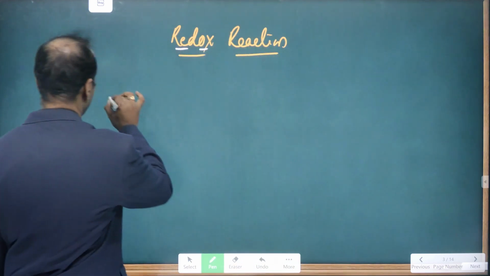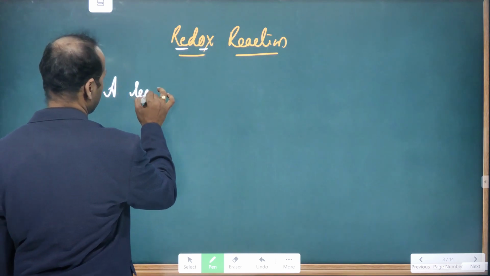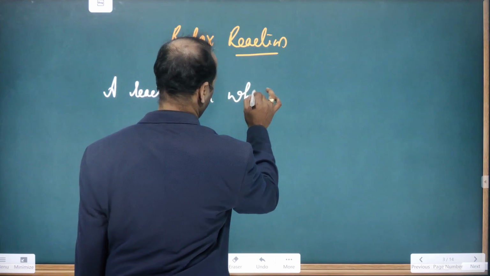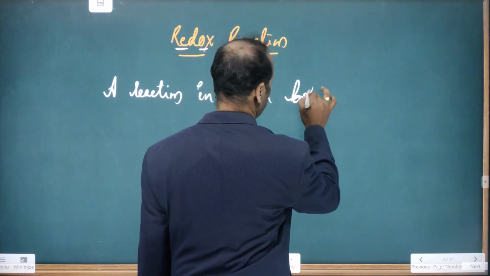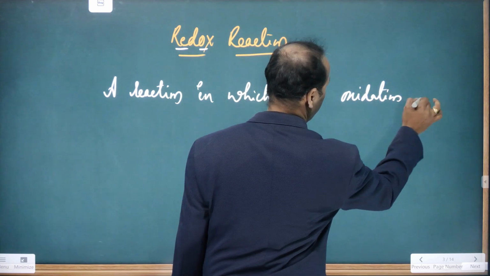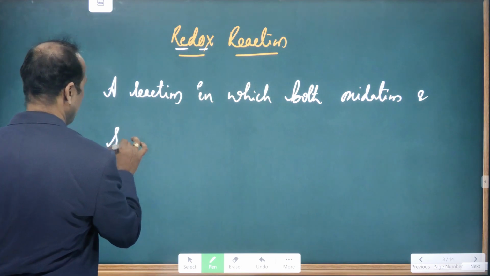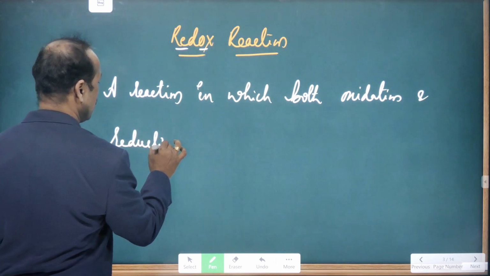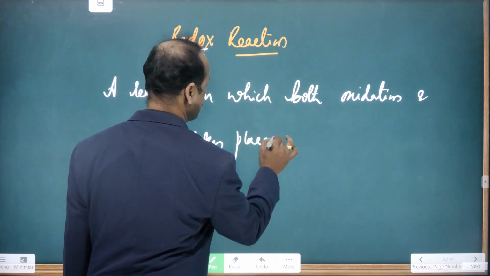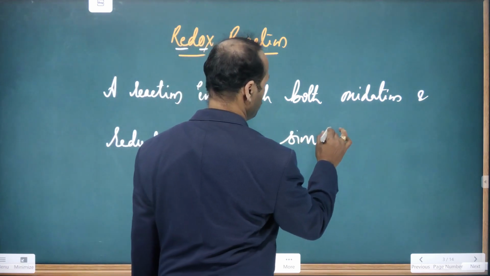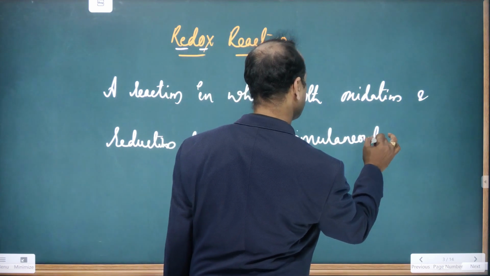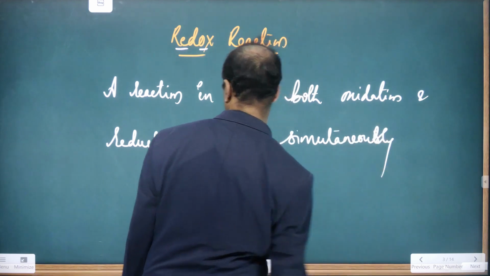How can you define it? A reaction in which both oxidation and reduction take place simultaneously is called a redox reaction.